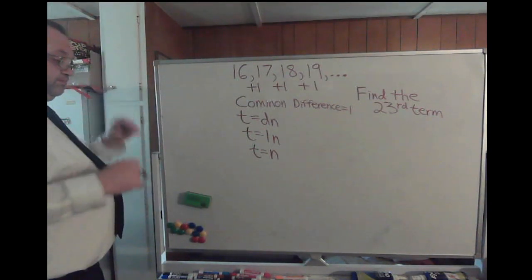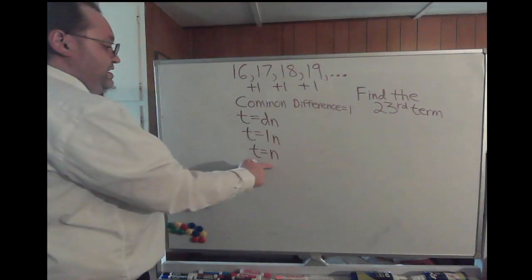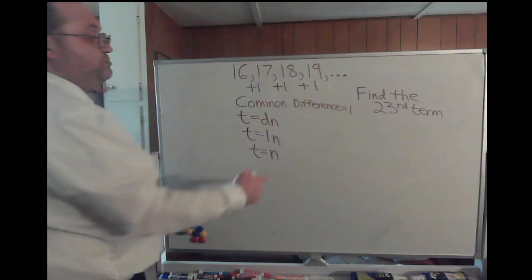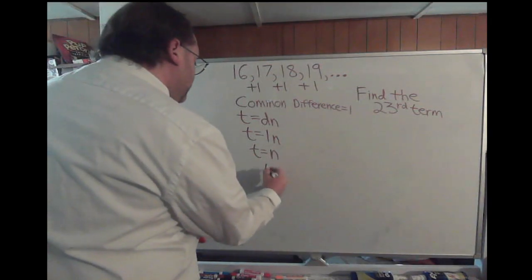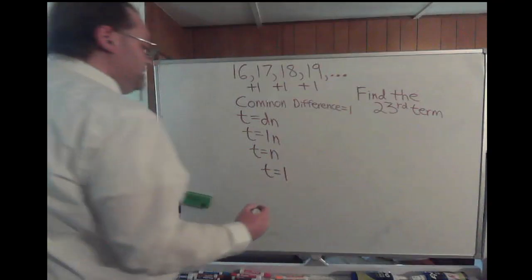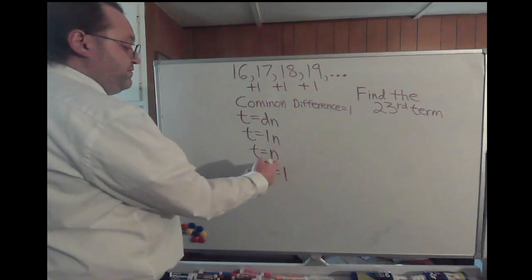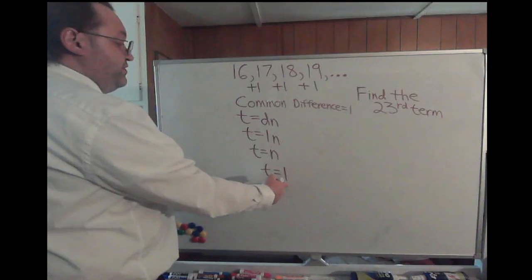Now, let's say we have n, which would be the first term. So let's say we have the first term, right? We stick in 1 for n. It would look like you get 1 for your first term.